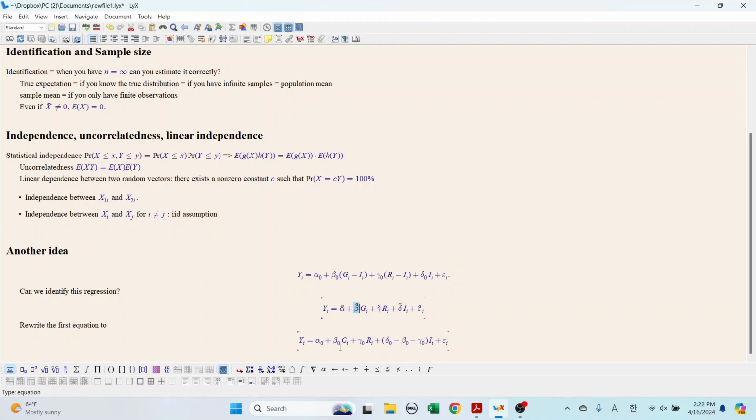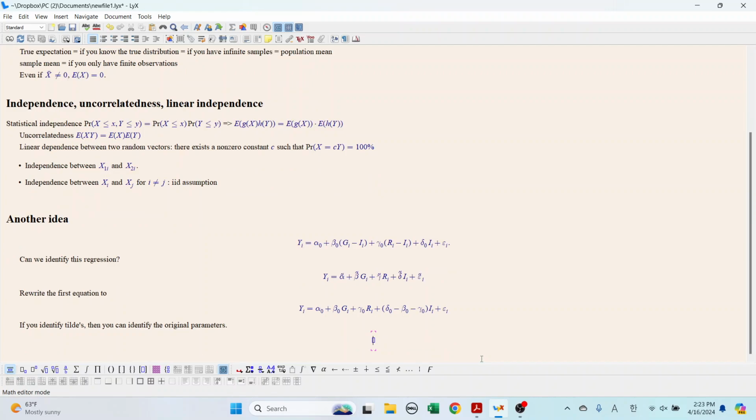Then beta tilde is beta 0, gamma tilde is gamma 0. The only difference is delta tilde and delta 0. But if you can identify alpha, beta, gamma, delta from this equation, you can recover alpha 0, beta 0, gamma 0, delta 0. If you identify the tildes, then you can identify the original parameters. It's like reduced form and structural parameters.